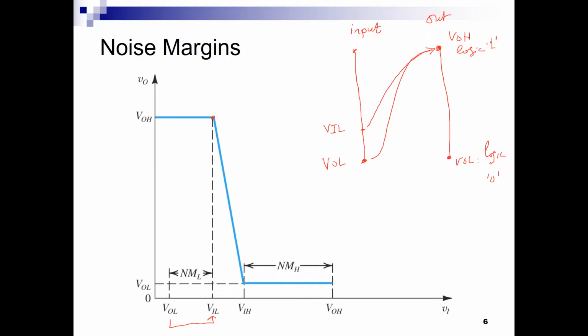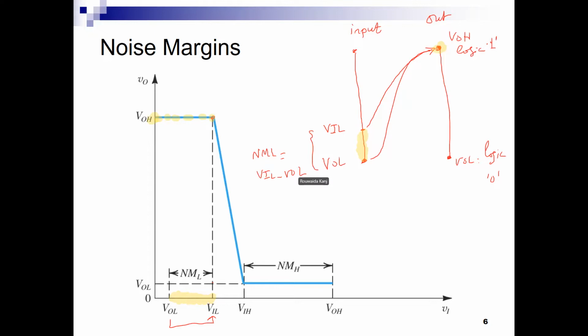So as long as my input is between VOL and VIL, which is this zone here, my output will always be at VOH. Okay? So we will define a term, the noise margin low, which is the delta VIL minus VOL.